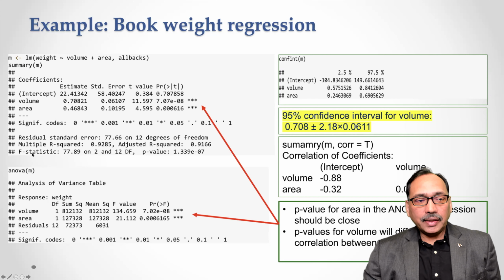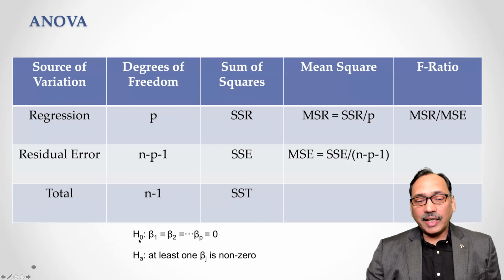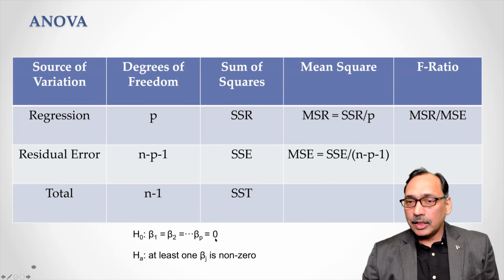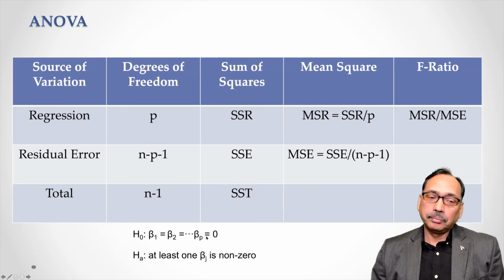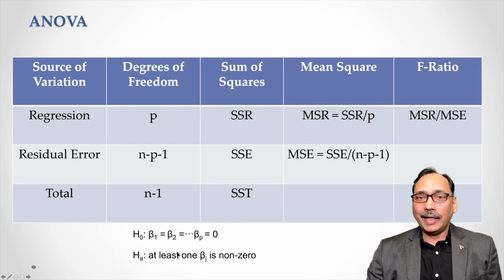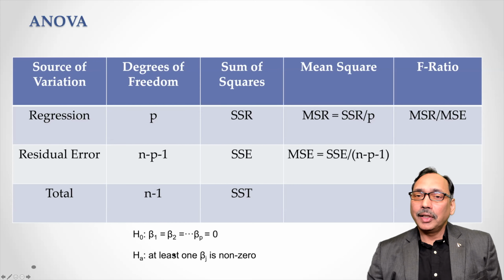But when we are doing this F statistic, we only look at one p-value. And what are we testing? Our null hypothesis is that beta 1, beta 2, up to whatever betas you have, are all zero, so they do not have any impact on the model. The alternate hypothesis is that at least one of them is non-zero, so at least there is some value hidden in those independent variables, and we cannot simply throw them out.